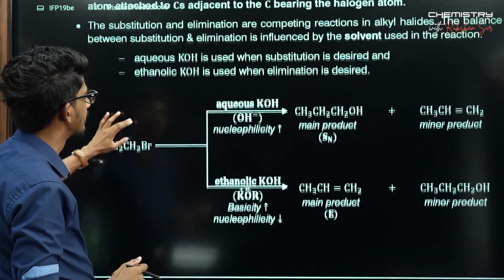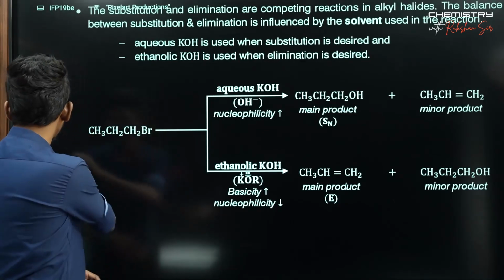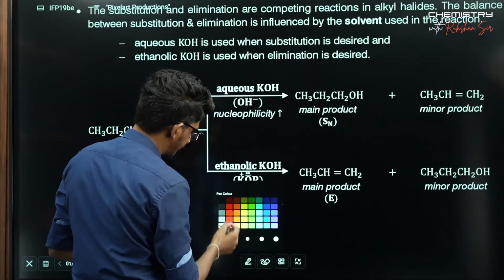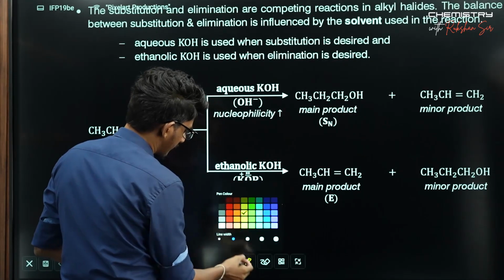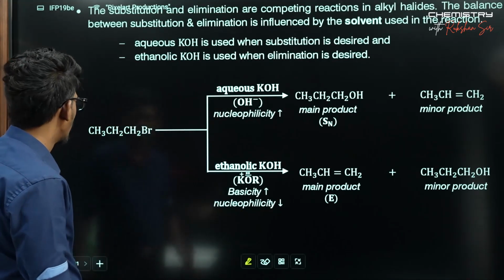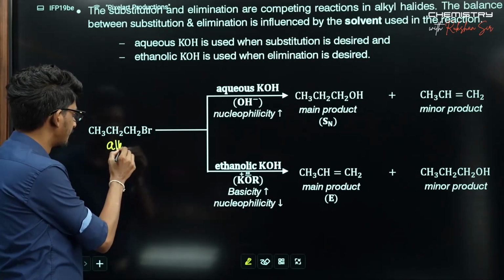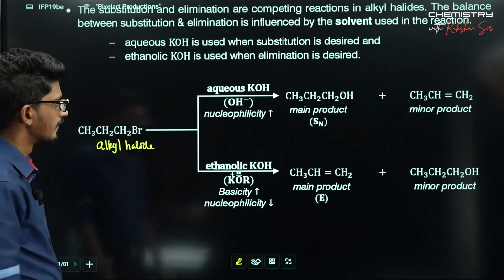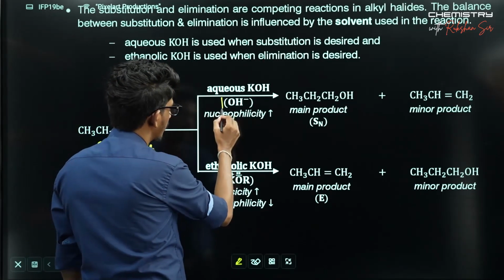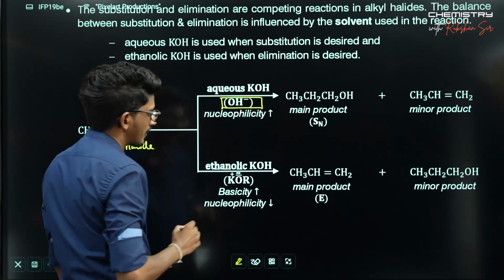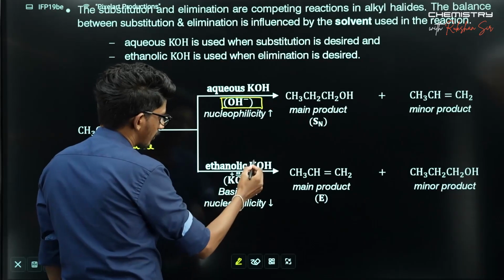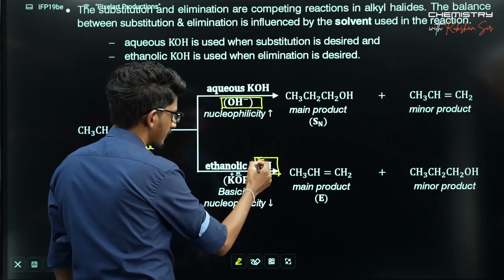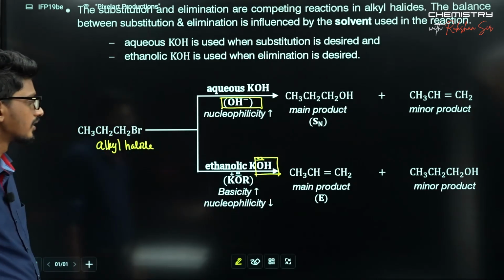See this example, right? How the solvent affects this selection. The idea is this. You have an alkyl halide here, and you are adding the same compound, the OH minus, the same reactant.